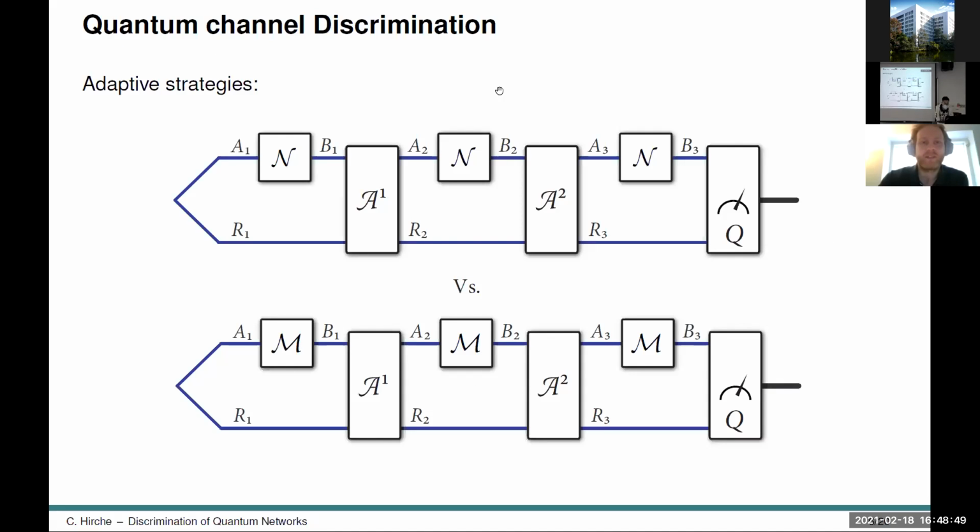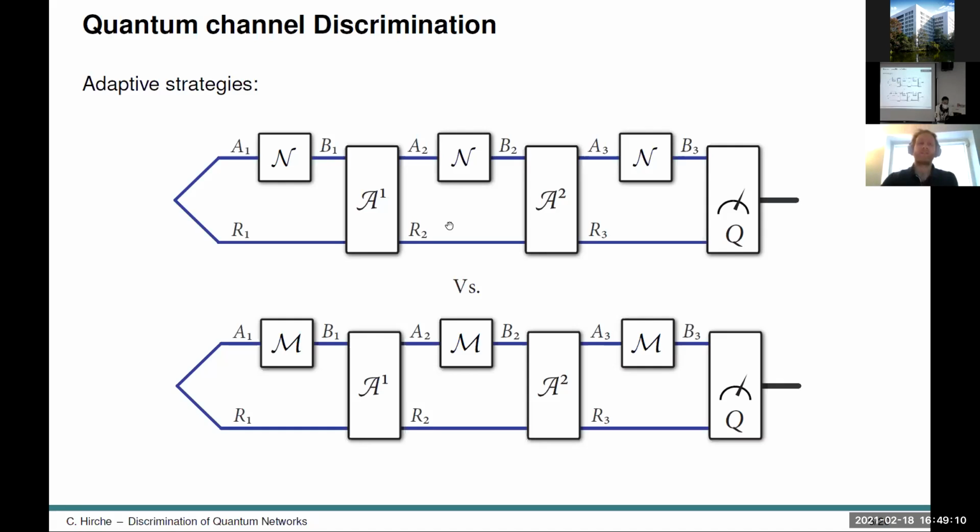Now the picture looks a bit different. We start on the left with an input state, and we first send one part of that input state through a channel. And after we do that, we use everything we have at our disposal to create a new input state for the next channel.